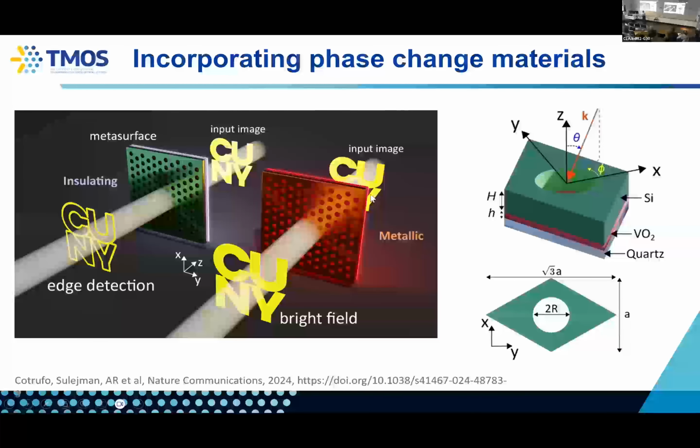And the idea is that the structure was designed so that at room temperature, when the VO2 is in an insulating phase, the transmitted field produced an edge-enhanced image. Now, VO2 undergoes a phase change when the temperature increases above 65 degrees Celsius. So the other part of the design was that this property disappeared once the VO2 entered the other metallic phase.